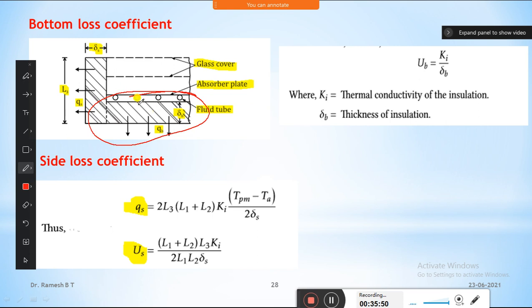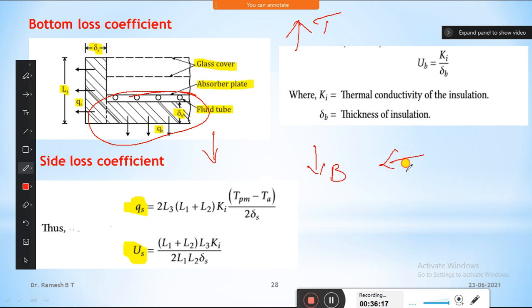So here at the bottom, either conduction or convection may take place, and it represents the downward direction. If any heat flows downward from the absorber plate, that represents the bottom loss coefficient. If it flows upward, that is the top loss coefficient. So upward indicates top loss, and downward indicates bottom loss.